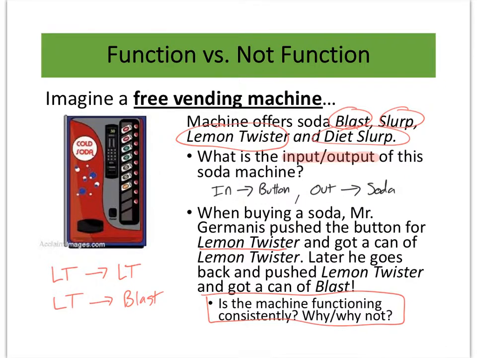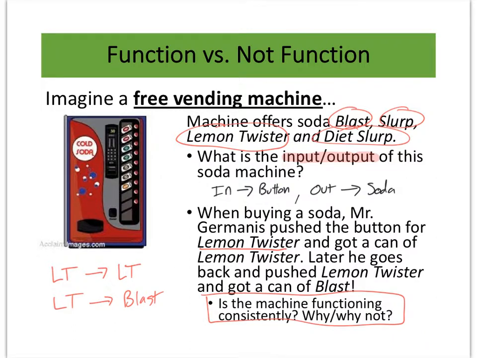The reason is that when I push the button for Lemon Twist, I get Lemon Twist, but when I push the same button for Lemon Twist, I get a totally different soda. So it's really hard to predict what I'm going to get out of my machine versus what I put in. The idea of predicting is the perspective that we want.